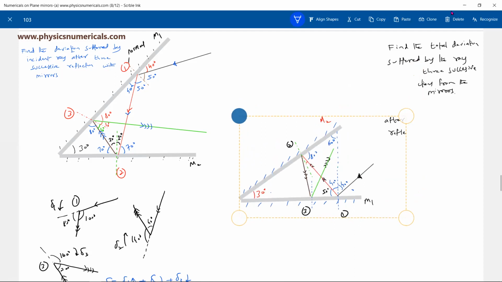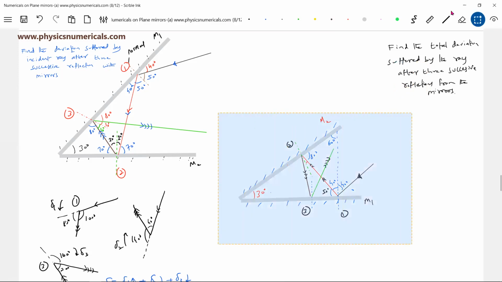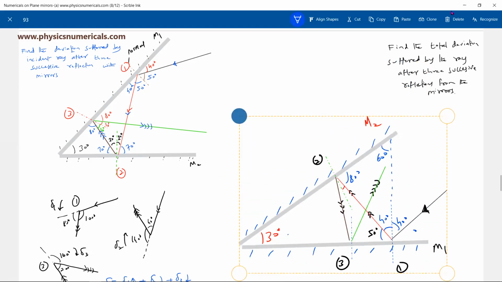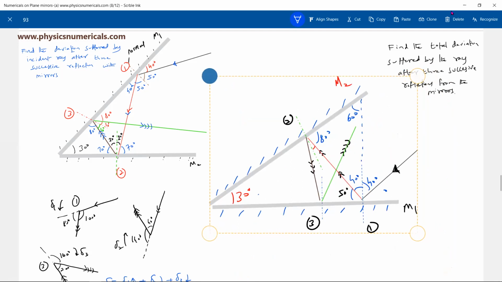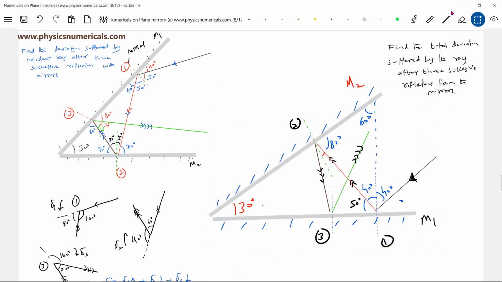I'll magnify. Hope we can. Yeah. So what can be this angle? This angle should be 10 degrees. This angle also should be 10 degrees.